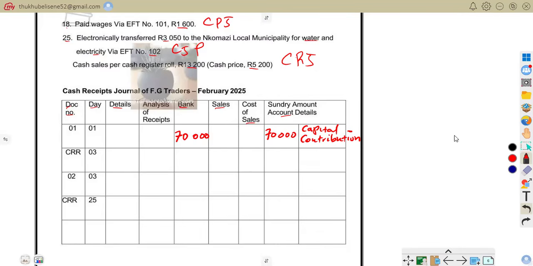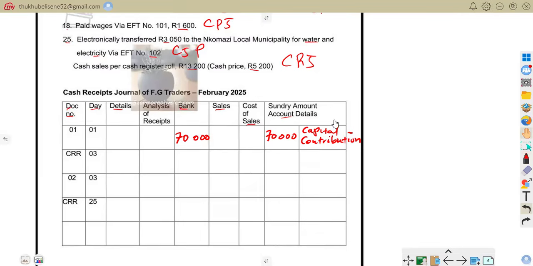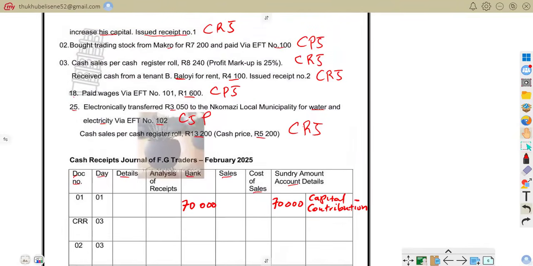So remember, we are now on church receipt journal. We were told on the third that church sales per church register roll is 8,200. So, meaning to say, we are going to go to this transaction that affects our CRJ on the third.